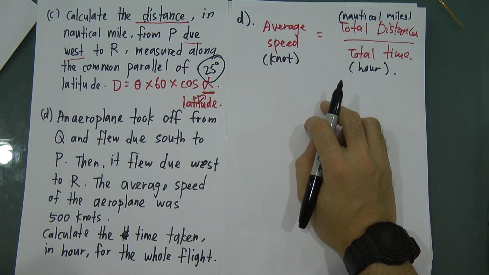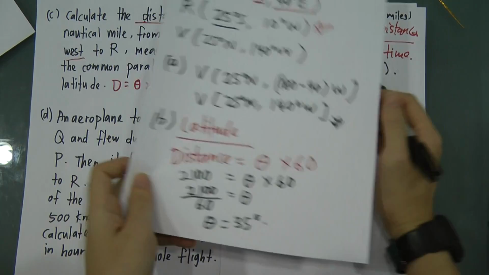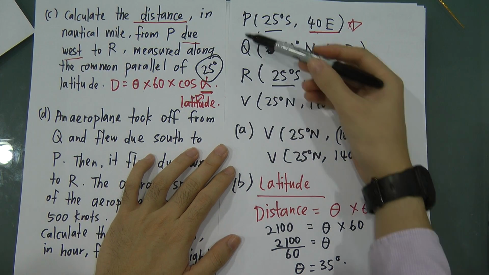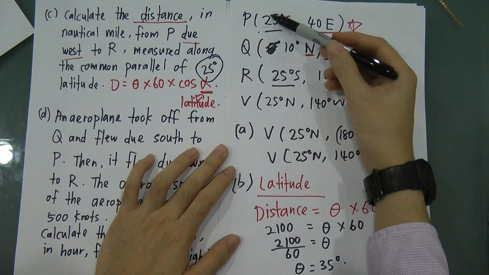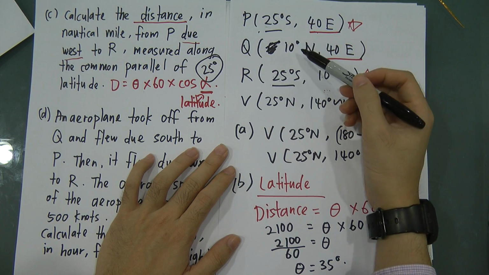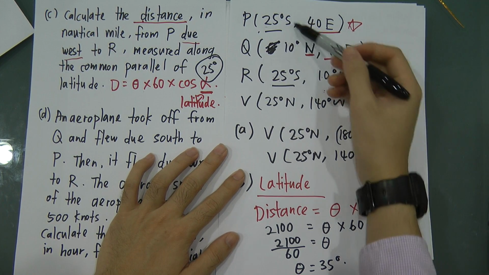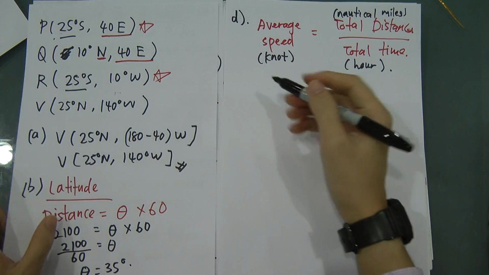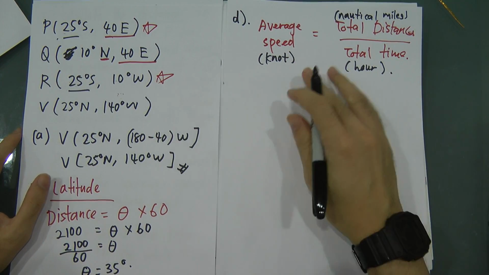So first you must know Q to P. How many degrees of difference first? From Q to P, we know it is moving north to south. Correct or not? Q to P is moving north to south. So if moving north to south, we do not need the cos.